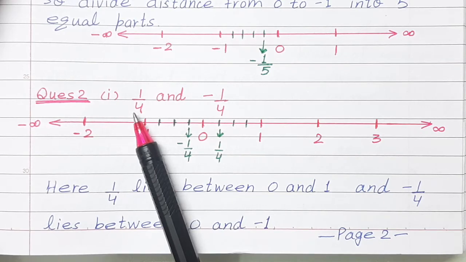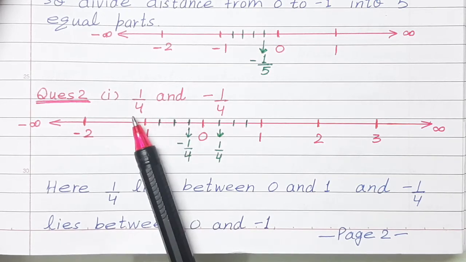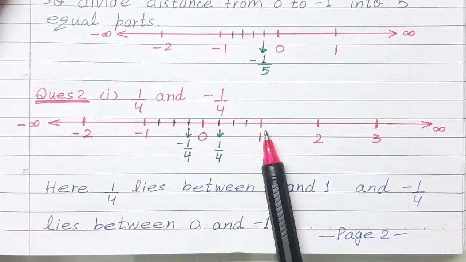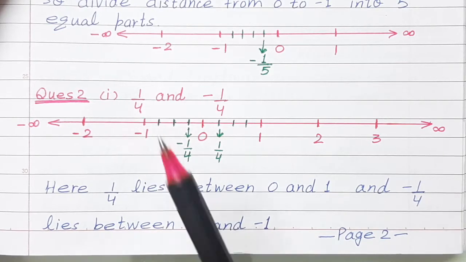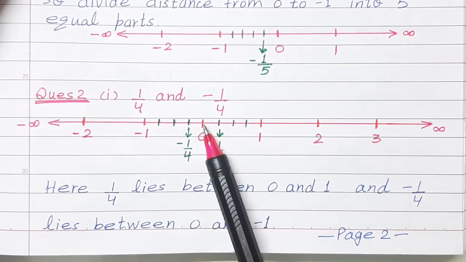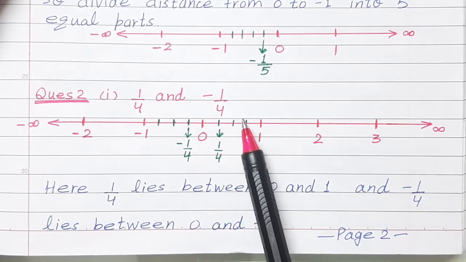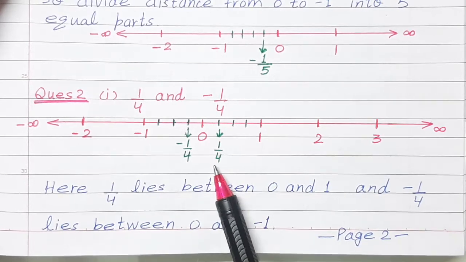Now children, you can see that 1 upon 4 is a proper fraction. A proper fraction lies between 0 to 1. So the denominator is 4. So the distance between 0 to 1 we have to divide into 4 divisions. And the first division is 1 by 4.